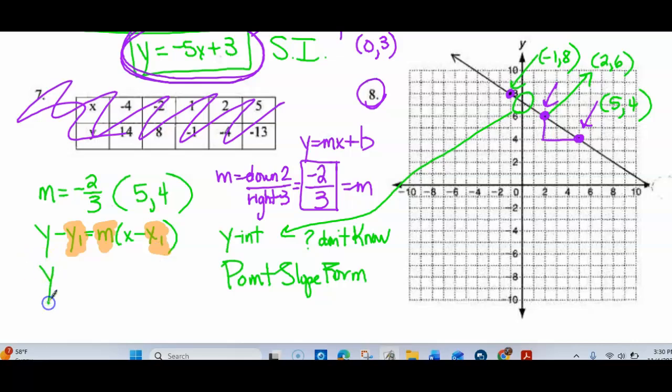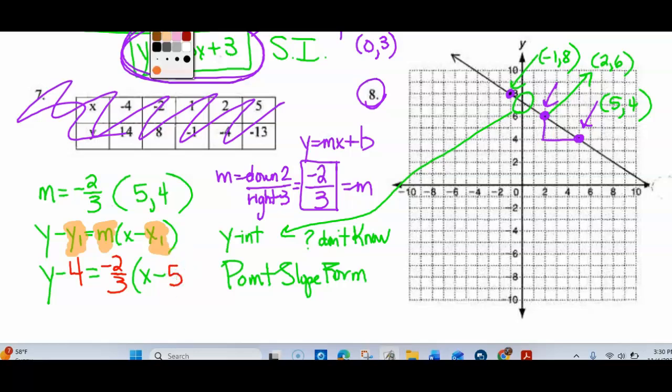So I'm going to put y minus 4 for y1, equals, instead of m, negative 2/3, and then x minus, and then x1 was 5.